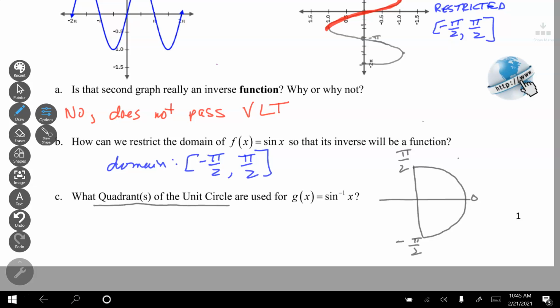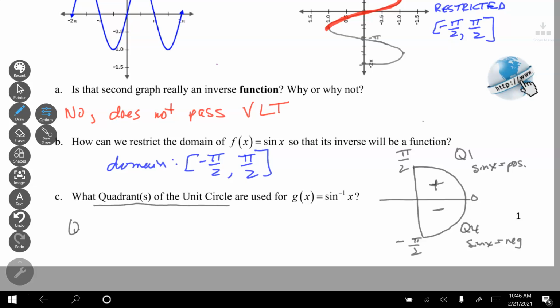So I'm using quadrant 1 and quadrant 4. Over here, these are the positive values, and over here, these are the negative values, because in quadrant 1, sine of x is equal to a positive, and in quadrant 4, sine of x is equal to negative, and therefore I get all the numerical values that I want.